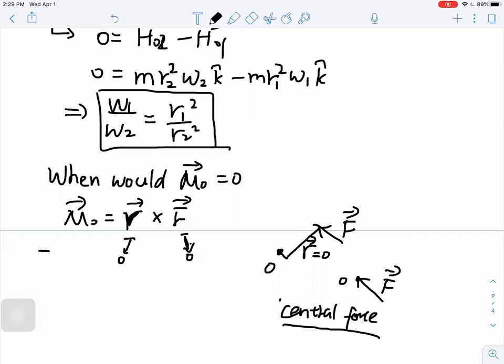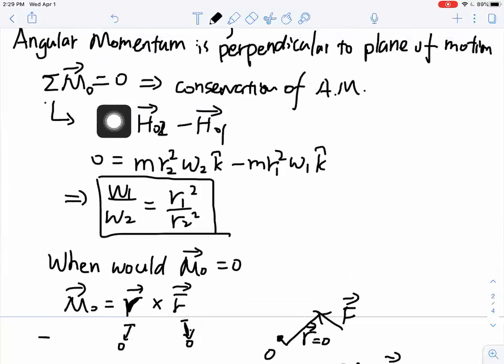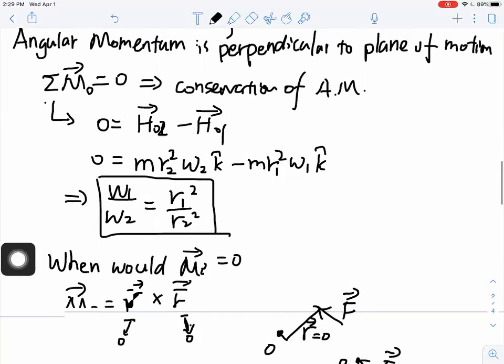The central force doesn't contribute to the moment. So if you only have forces passing through this fixed point, it is safe to say the moment equals 0, and then you have conservation of angular momentum.